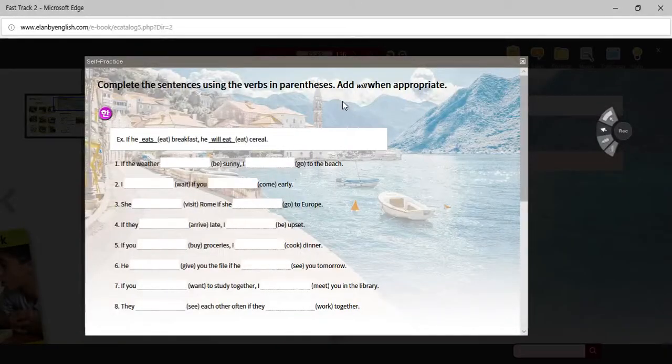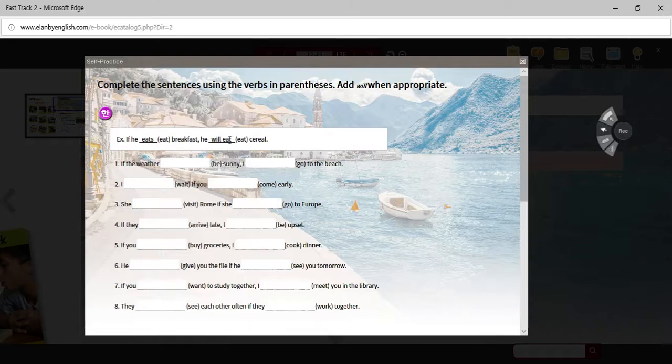All right, welcome back. So we'll use the ebook for reviewing this activity, as I like to do. We'll see how we do with this. In each of these sentences, you have to write in the verbs that are written in parentheses and use the word will when appropriate.